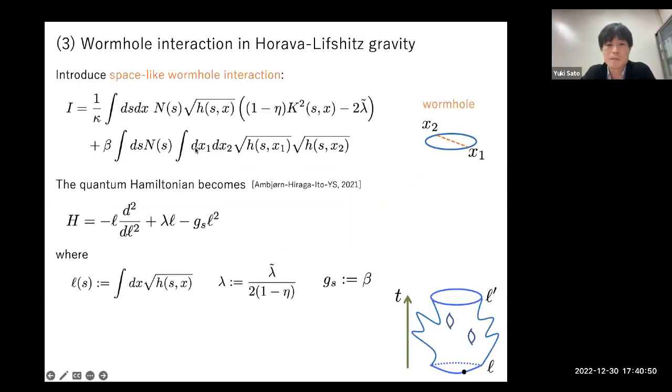Okay. So this is a bilocal interaction connecting two distant points in the space-time, but at an equal time slice. So I think it is not traversable in this sense.